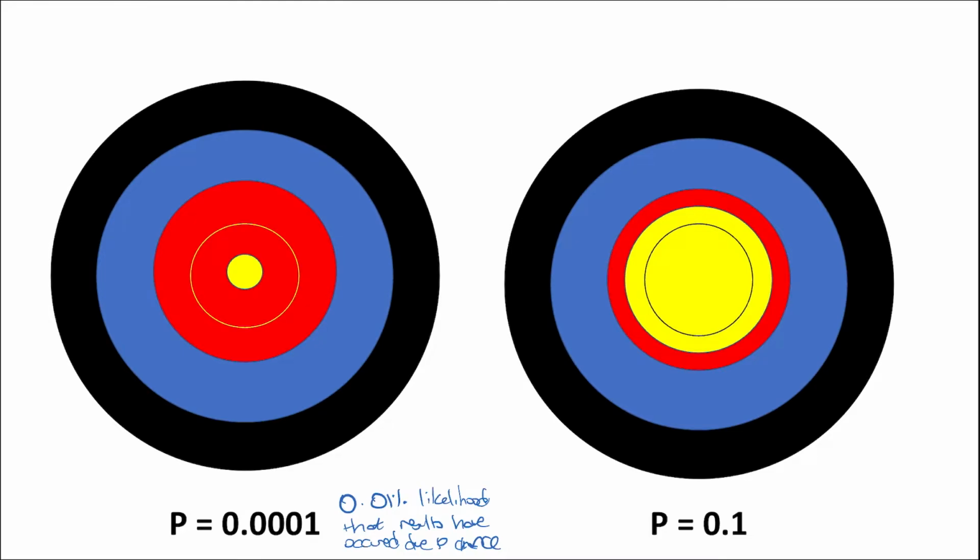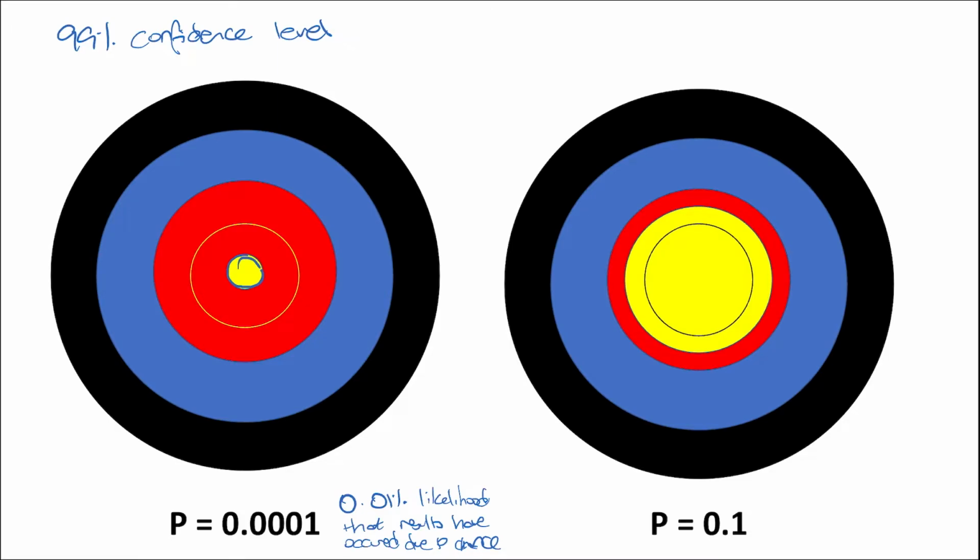We're saying we need to be 99% confident that the difference between the conditions, or the association between the covariables, is not due to chance. We're saying we're accepting a 99% confidence level. This is like making the bullseye tiny, teeny tiny.